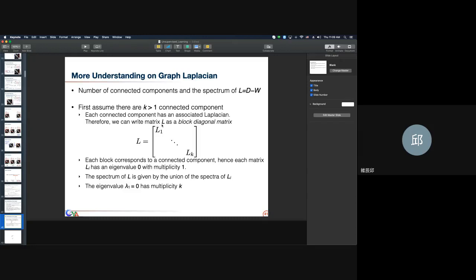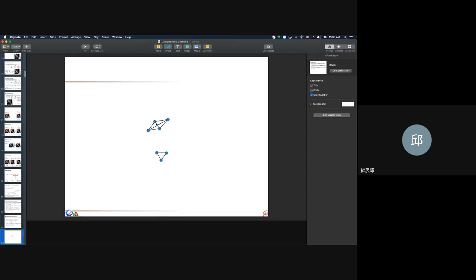Therefore, we can write the matrix L for the overall graph as a block diagonal matrix, because across the connected components there is no connection.